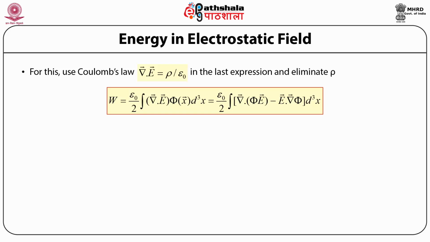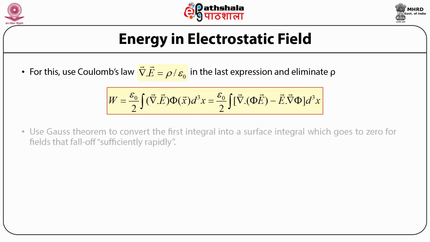And this expression can then further be written as epsilon naught by 2 whole times volume integral over the volume element d cube x running over bracket open divergence of bracket open the electric potential times the electric field bracket close minus the electric field dot the gradient of the electric potential, that is the scalar product of the electric field and the gradient of the electric potential.